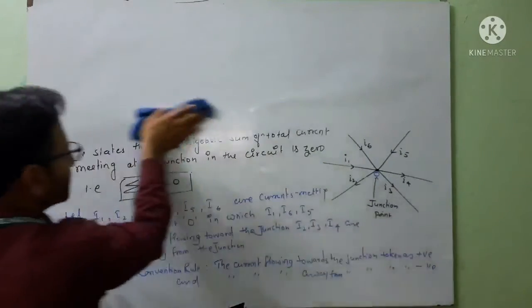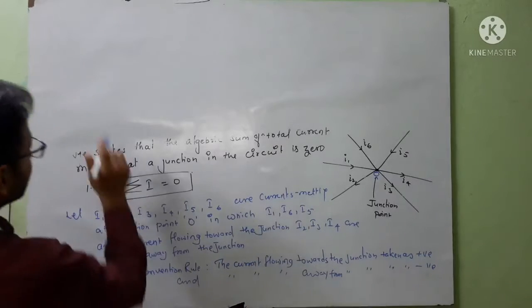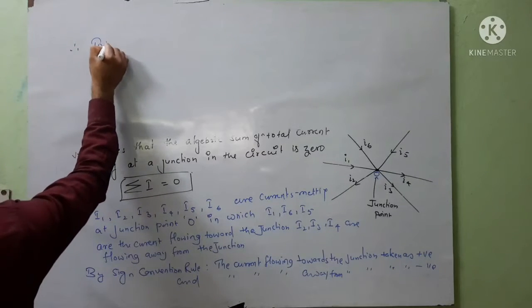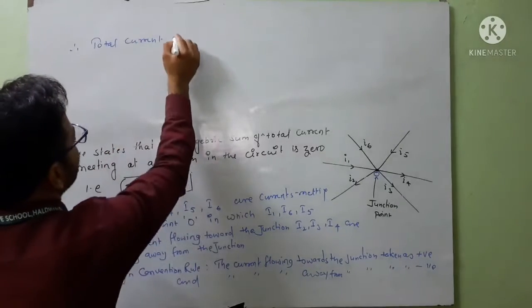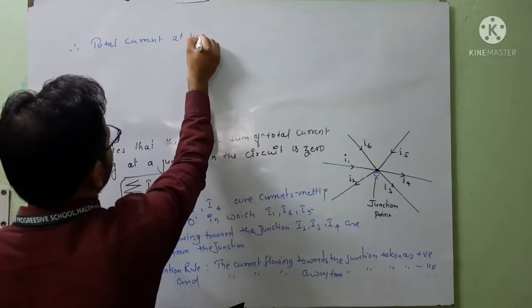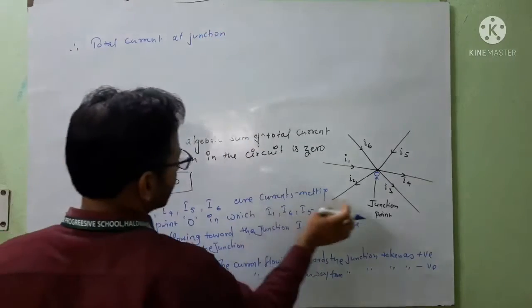Let's see what comes. Therefore, what will the total current at the junction be?